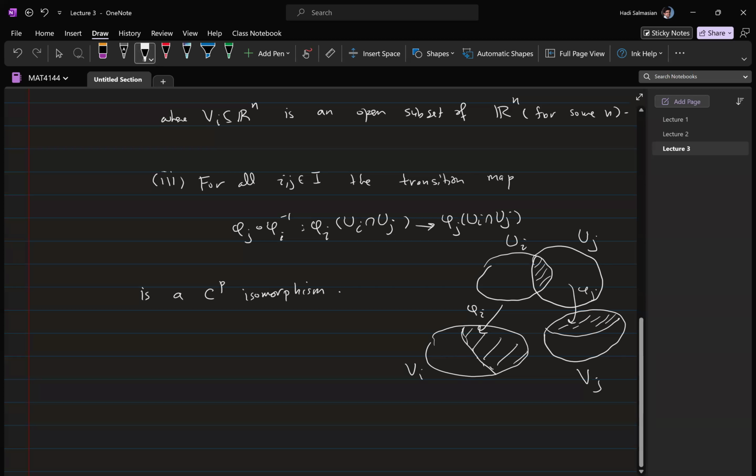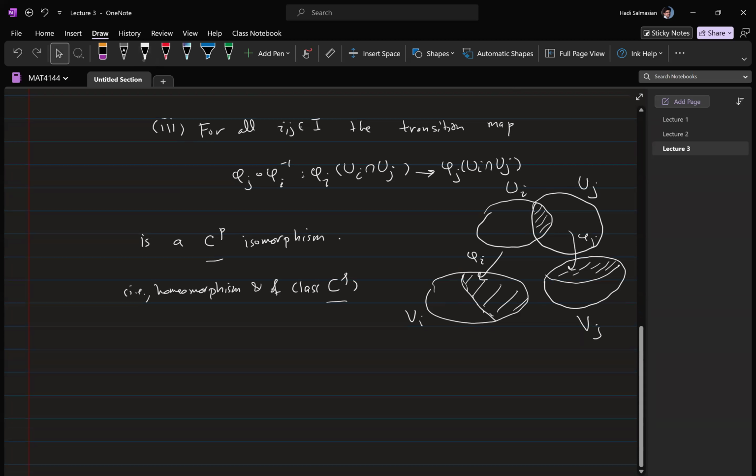So what does it mean? It means it's a homeomorphism, which it should be because it's obtained by composition of homeomorphisms, and of class Cp. So class Cp means p-fold partial derivatives of this map are continuous. So it's continuous.